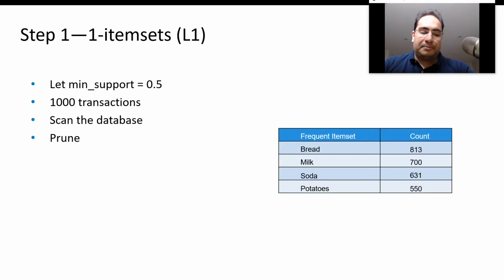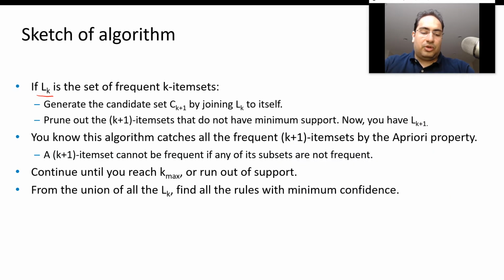Let me give you an example. This is an example of L1. L1 is the set of items where each item set has just 1 item. So these are the frequent item sets of size 1. First we create that from the data set and see how many times people bought bread, how many times people bought milk, and so on.